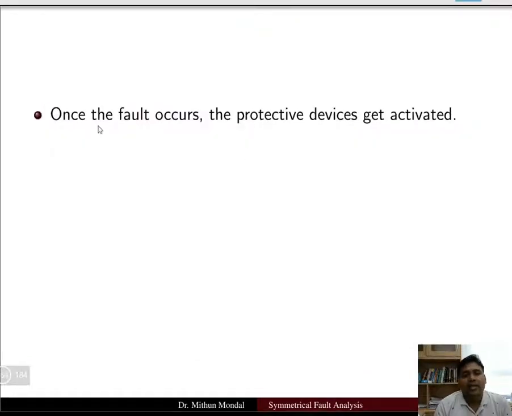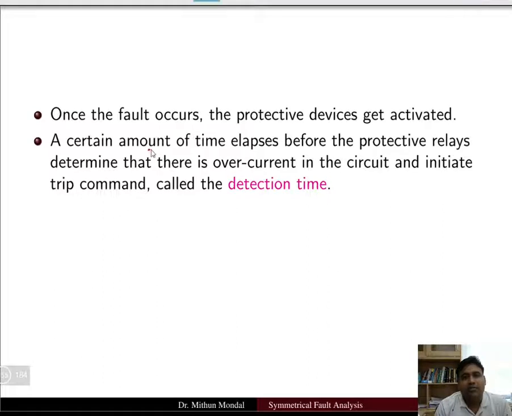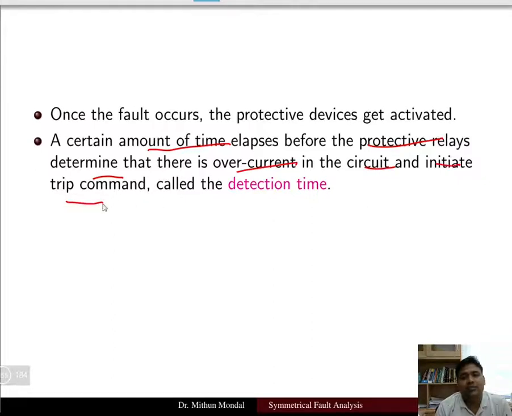Now, whenever a fault occurs, the protective device has to get activated. So protective device here indicates the relays and the circuit breaker. Certain amount of time will elapse before the protective relays determine that there is an overcurrent in the circuit and initiate the trip command, that is the detection time or the tripping time.